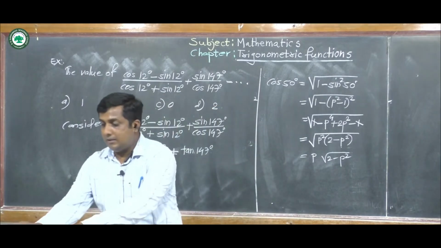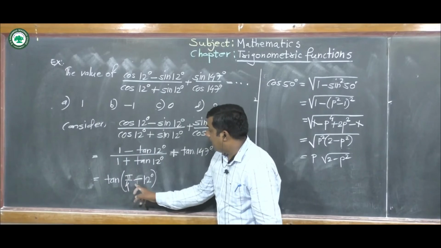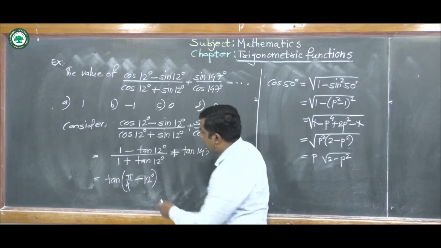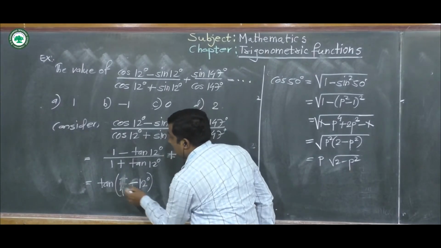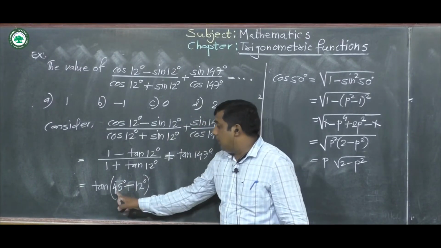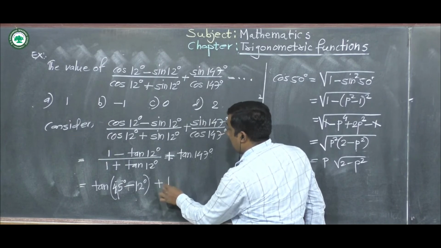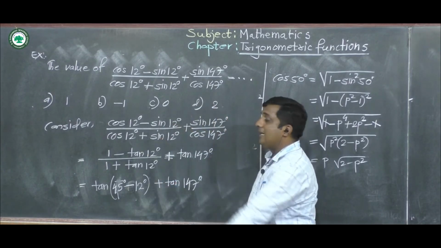Remember, for pi by 4 we consider 45 degree. So we get tan of 45 minus 12 degree, plus tan of 147 degree.